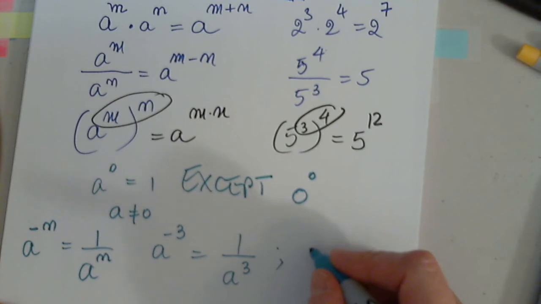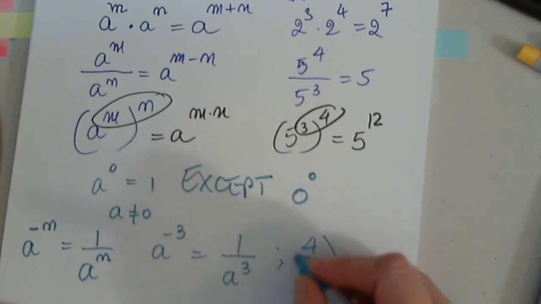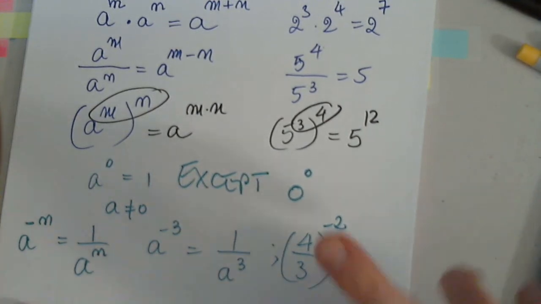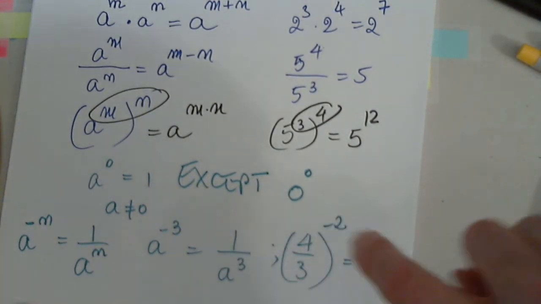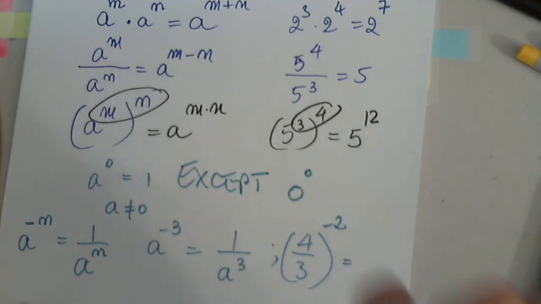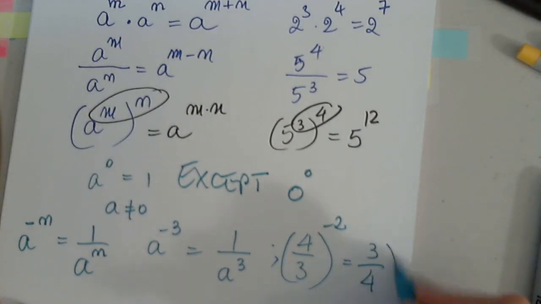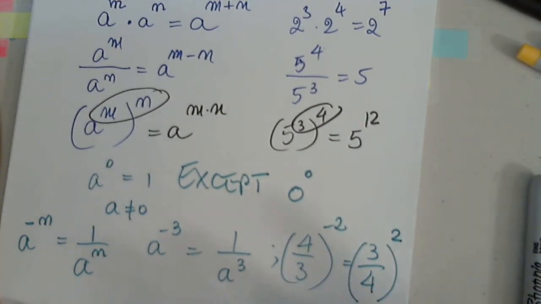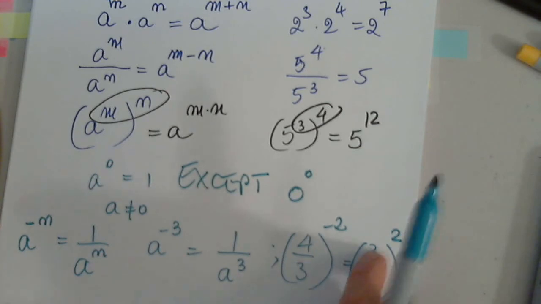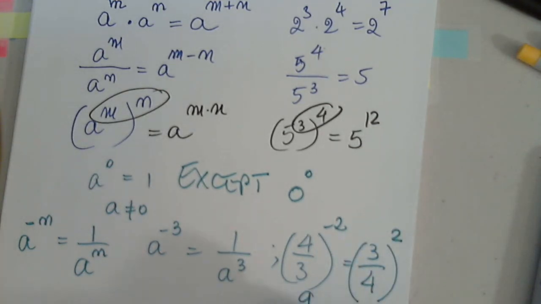Let's say I have 4/3 to negative 2. When I simplify this, I flip the fraction and change the sign on the power. So this becomes 3 over 4 raised to the second power. When I simplify, how do I raise a fraction to the second power or any power? I raise the top to that power. I raise the denominator to that power.